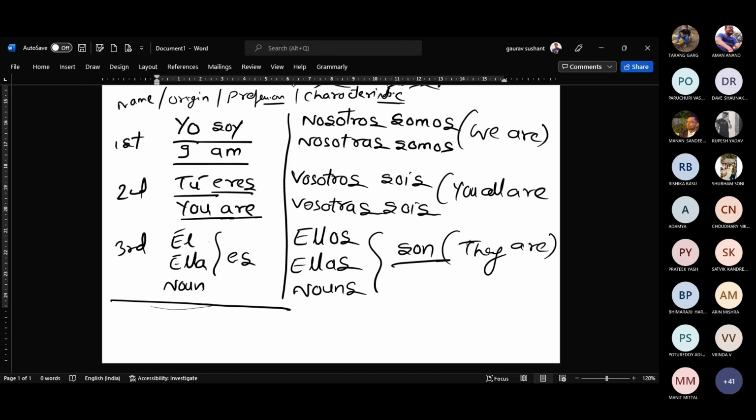For example, if you want to say "I am Gaurav", telling your own name, it is not very difficult now. You have the subject and verb for "I am", and then it is just your name which has to be put. So it will be yo soy Gaurav. That's it. You can say yo soy Rahul, yo soy Manan, and just put your name there.